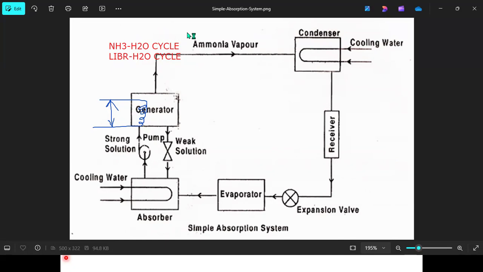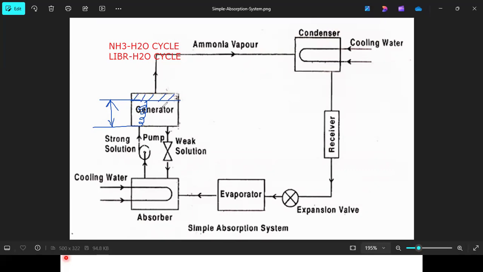Okay, fine. That's it. So now we got the ammonia vapor at the top side of this chamber itself. But here there is a high chance of water also converting to vapor due to the high temperature inside the generator. That's why we provide a certain attachment along with the generator, named the analyzer.